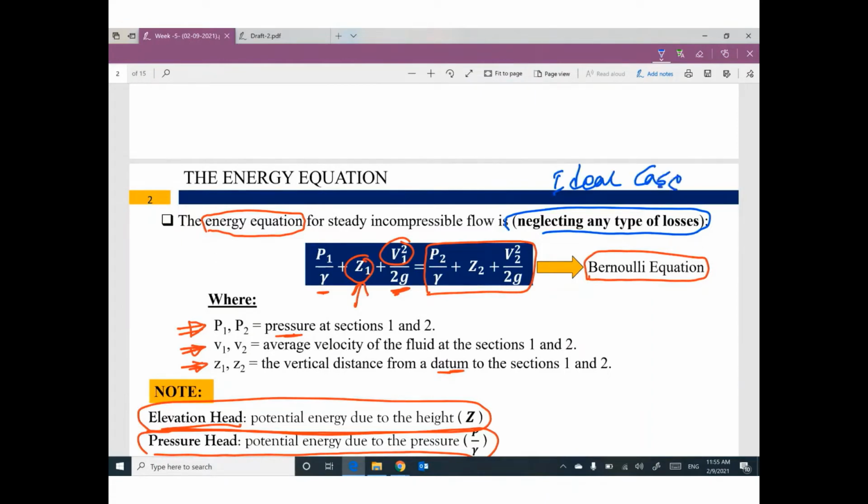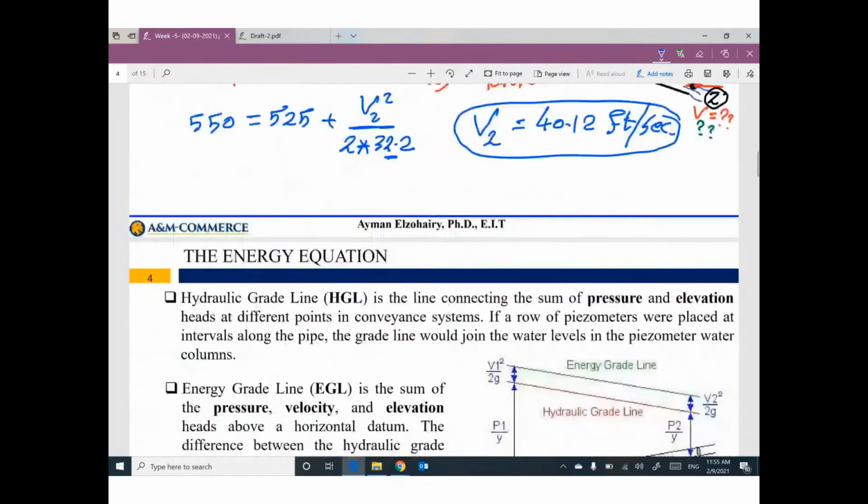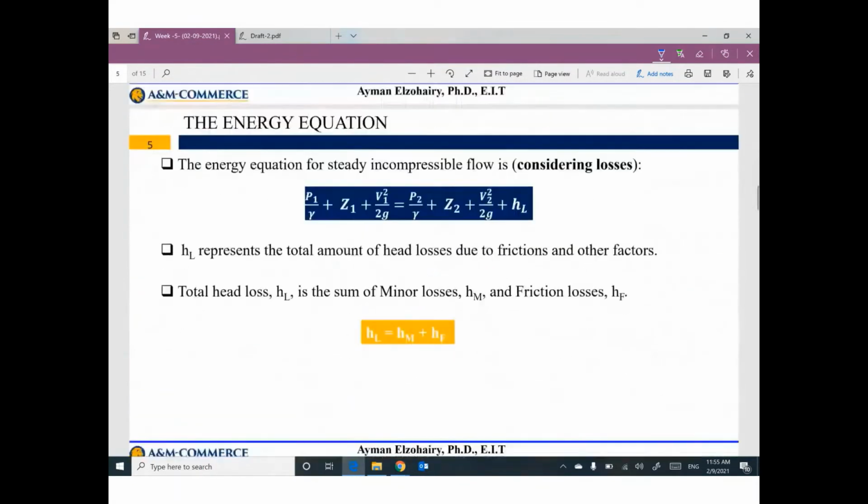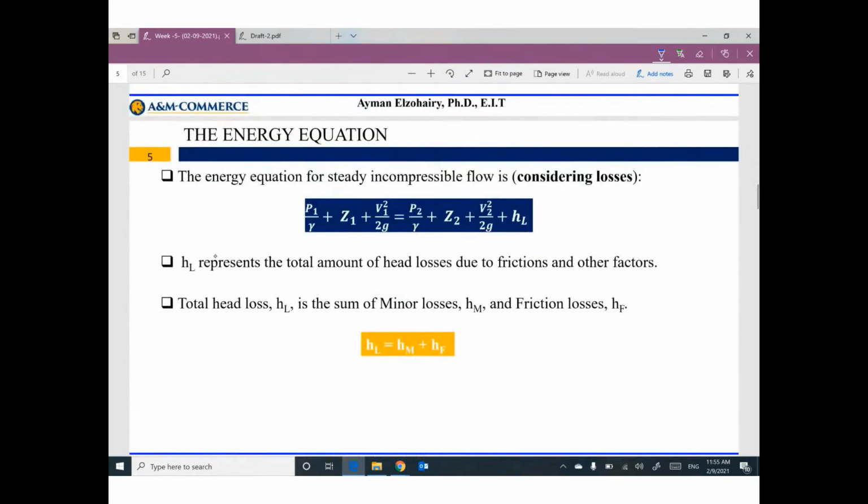But in real life, this equation must be written like this. P1 divided by gamma plus Z1 plus V1 squared divided by 2G at section number 1 equals the energy at section number 2, P2 divided by gamma plus Z2 plus V2 squared divided by 2G.